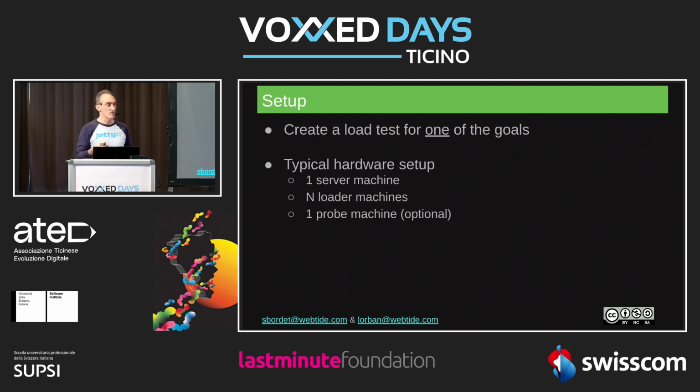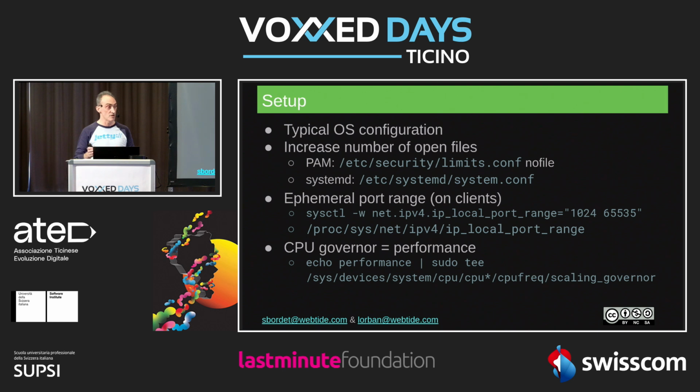So it is not particularly good to take these times on the loaders, because if you have a loader that is hitting the server at 60,000 requests per second, okay, that loader is very busy, and it's not like a new browser that is doing absolutely nothing. So maybe the times that you get on the loaders are not really a good measurement of the experience that a new real-world user would have. However, we can mimic this in a probe machine that has very little load, still hits the server, but it will have an experience that would be similar to a new user opening the browser and hitting your system.